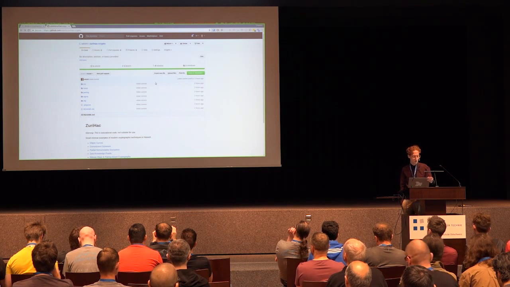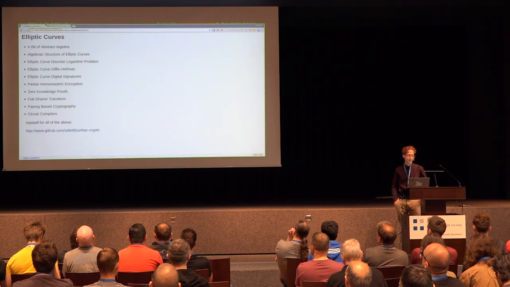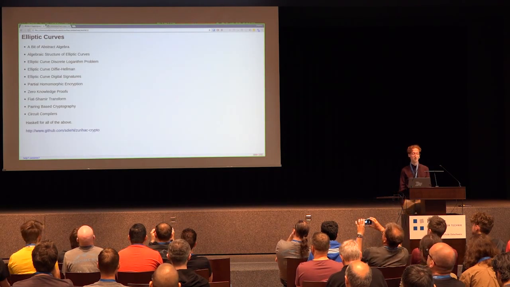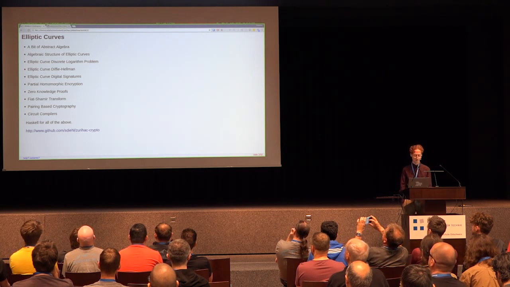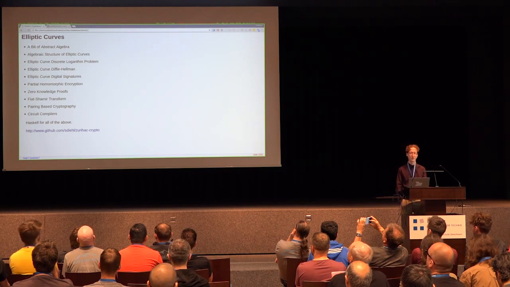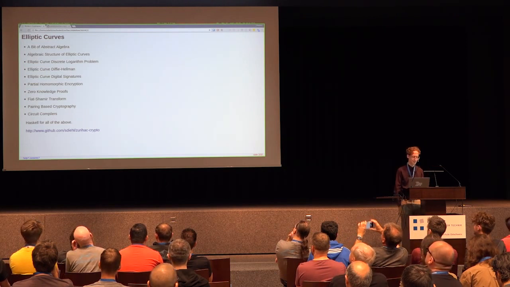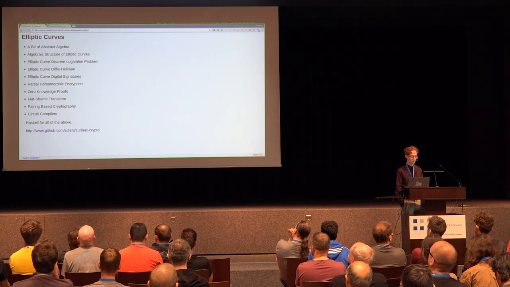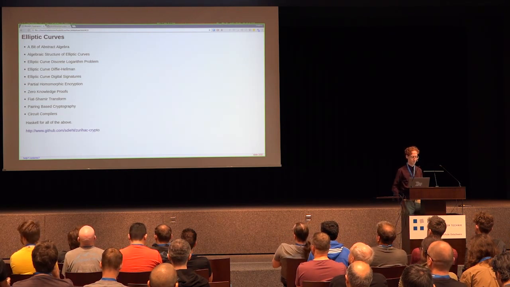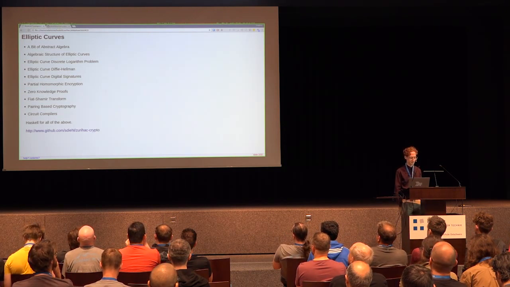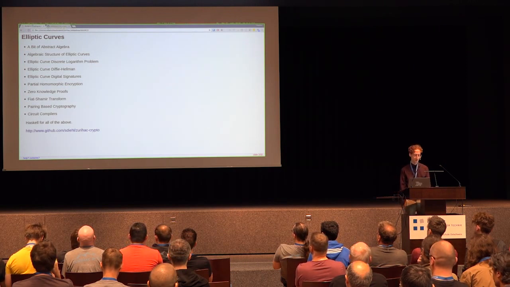Okay, so the outline. I'm going to go through a bit of abstract algebra, just enough to encode some basic ring, group and field structures in Haskell, talk about the basics of elliptic curves and how they work, the 4 big cryptographic algorithms that fall out of elliptic curves, and a little bit about homomorphic encryption, zero-knowledge proofs, and non-interactive zero-knowledge proofs.